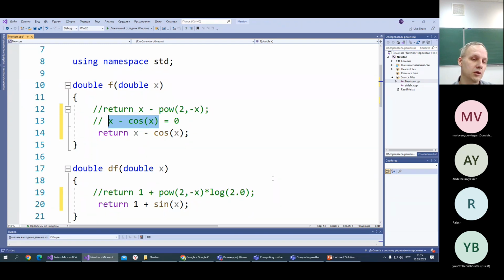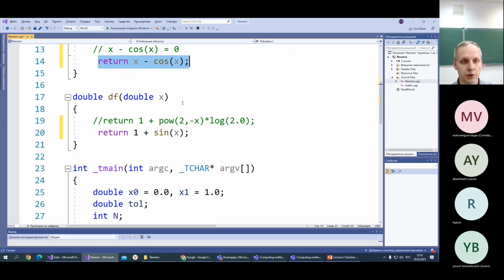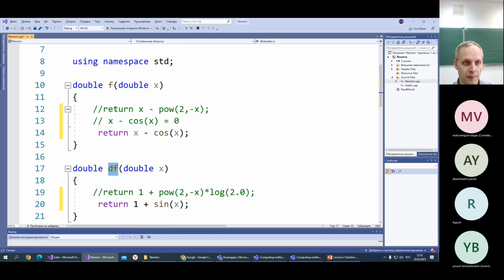To solve this equation using Newton method, we should declare the function f of x like this, and we should write the function of the derivative, df. In this case, the derivative will be 1 plus sine x. This is the derivative.